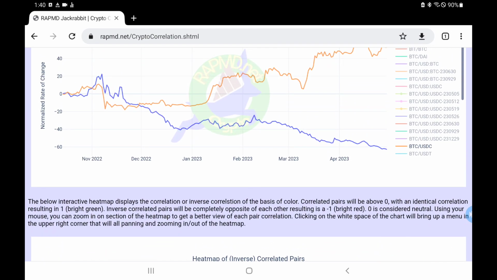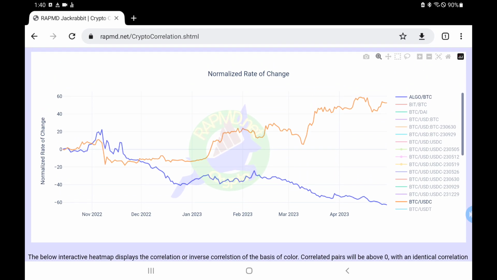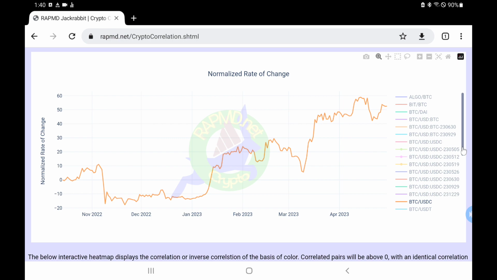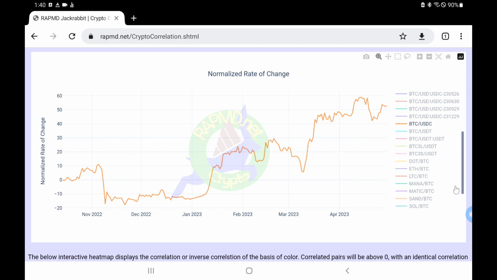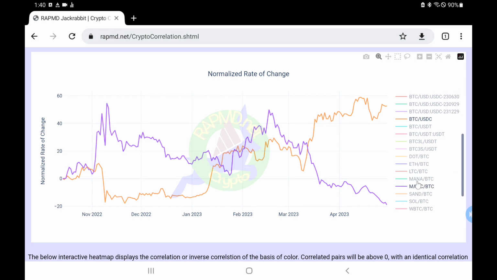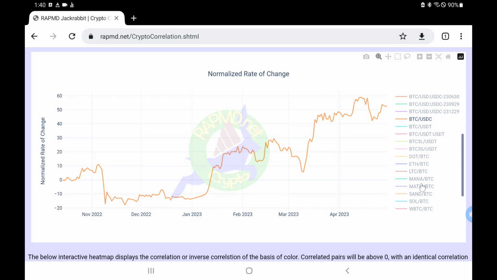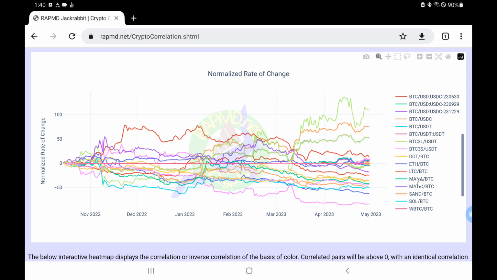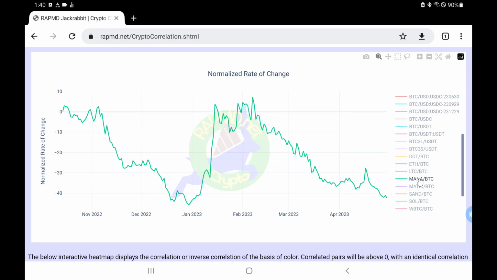Let's see how they correlate. So we double click, that resets the chart. Now we've isolated Mana. Now let's left click on Sand.